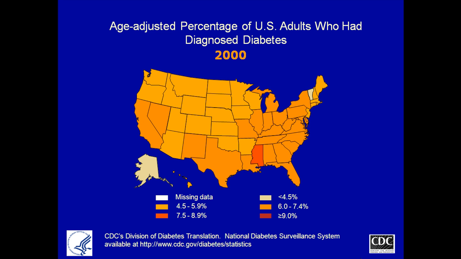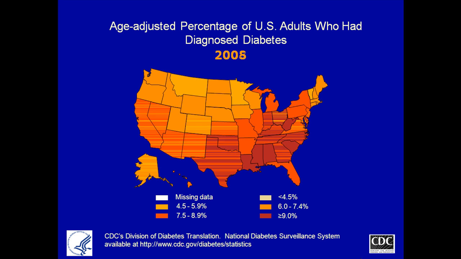We get to 2000, we notice it goes up to between 4.5 and 5.9%. And then when we go up to 2005, we see it gets up into the range of 6 to 7.4%. And then the last one, 2008, it hasn't changed that much, still between 6 and 7.4%, but it is rising.